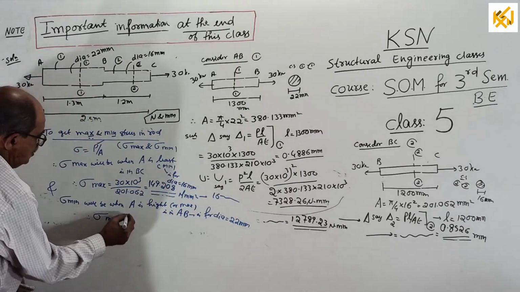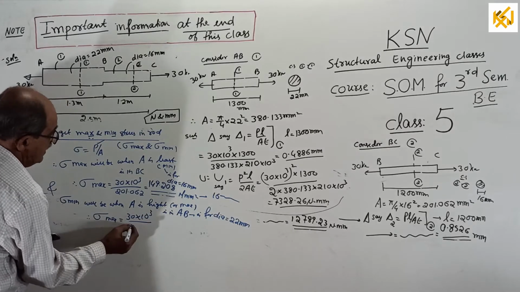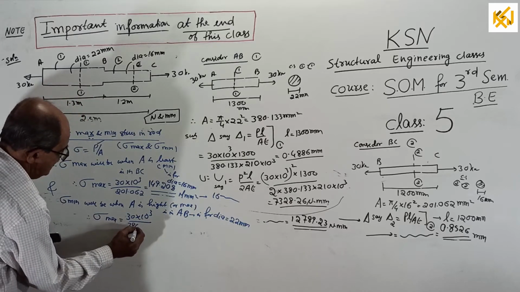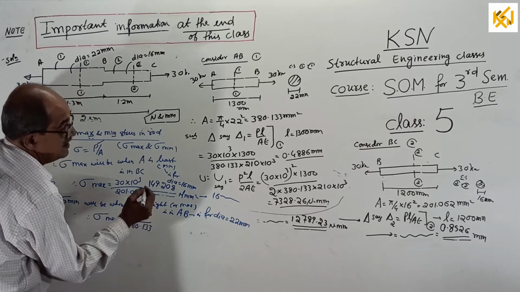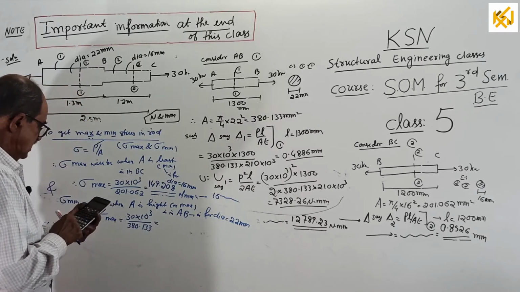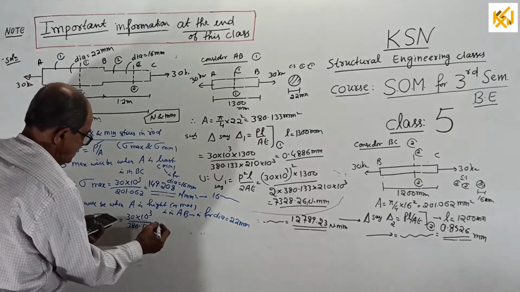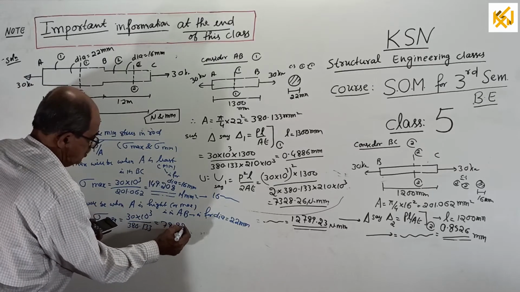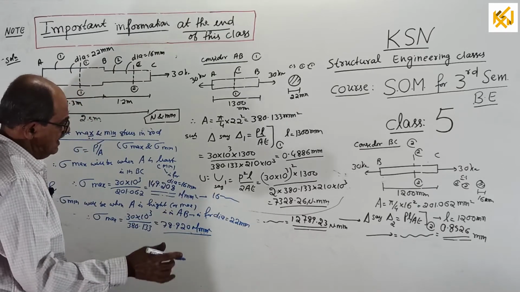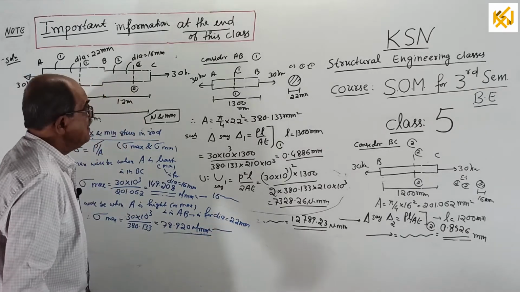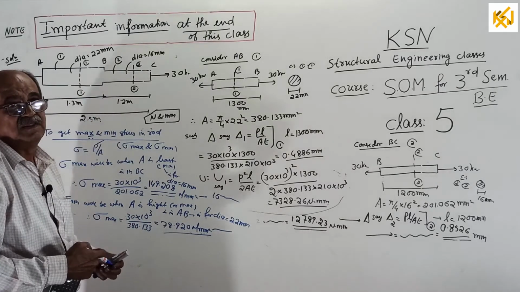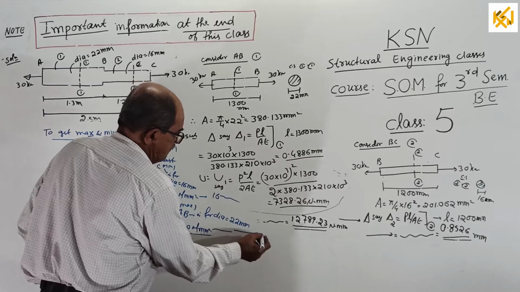Sigma min equal to 30 into 10 to the power 3 divided by 380.133 equal to 78.920 Newton per mm square. Both are tensile, you can write both are tensile. This is where diameter is 22 mm, that is for the left side 1.3 meter. So the question is completely solved.